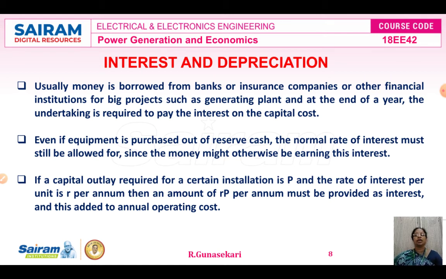Suppose a capital outlay is required for a certain installation, with cost of installation denoted by capital P, and the rate of interest per annum is small r. Then the amount is r multiplied by P per annum, which must be provided as interest, and it is added to the annual operating cost.